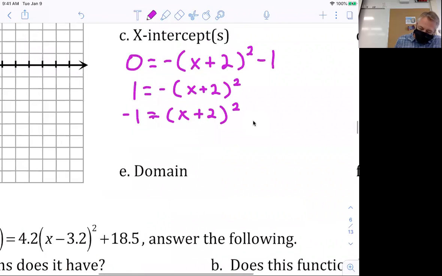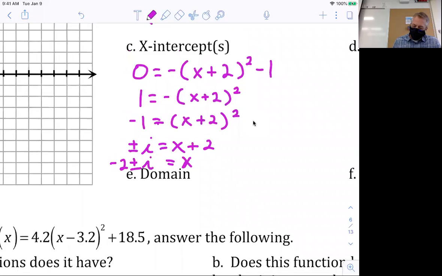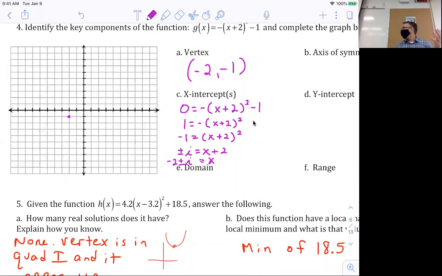I take the square root of both sides, so I have plus or minus the square root of -1, which is actually i. And so x comes out to be -2 plus or minus i. Complex numbers, which I expected because I know my vertex is in the third quadrant and it opens downward. So things are making sense algebraically and graphically.